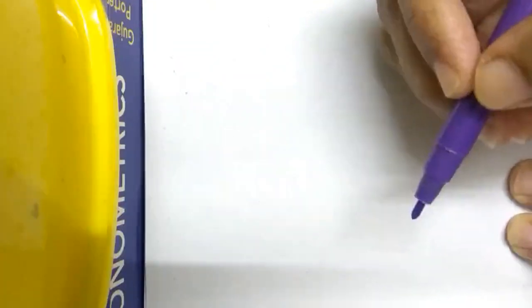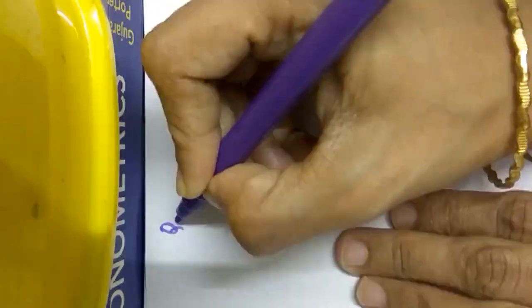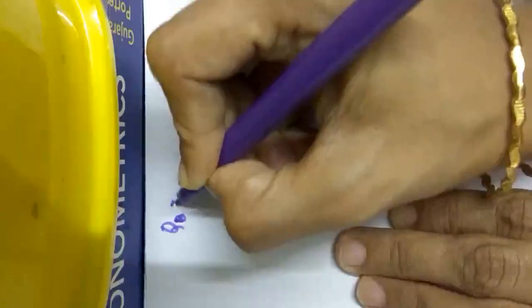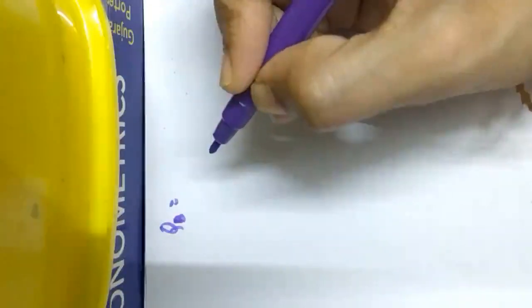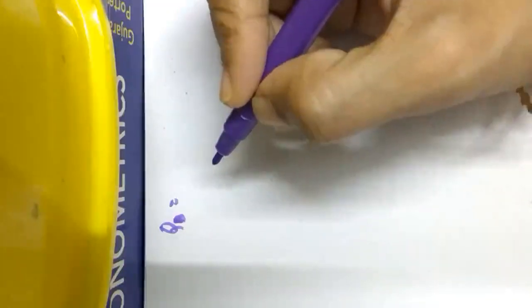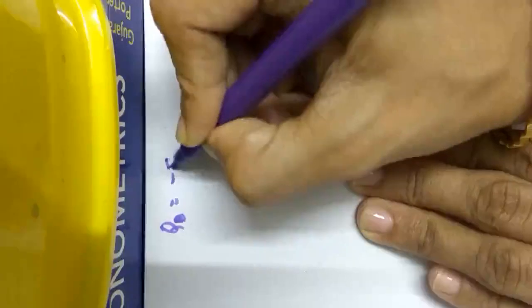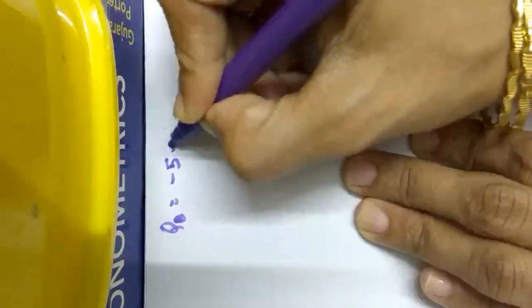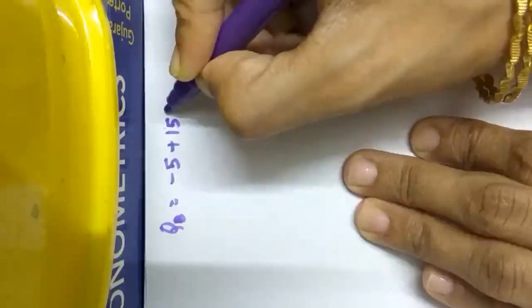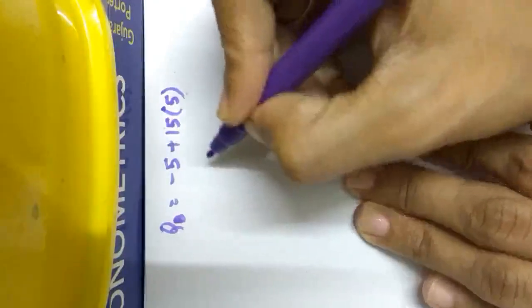Now that we have got the prices of beef and pork, to find quantities sold of beef, put these values into either one of the equations given for each market. So for beef, the supply function was minus 5 plus 15 times price of beef, which we found out was 5.